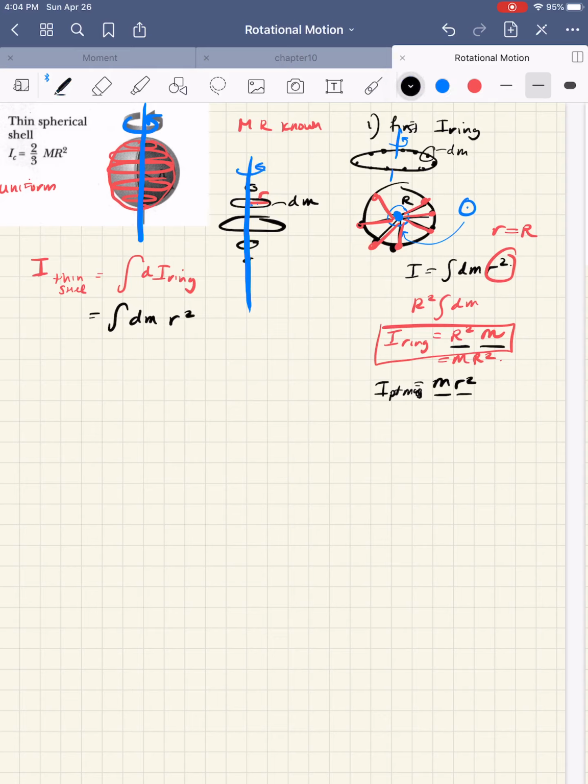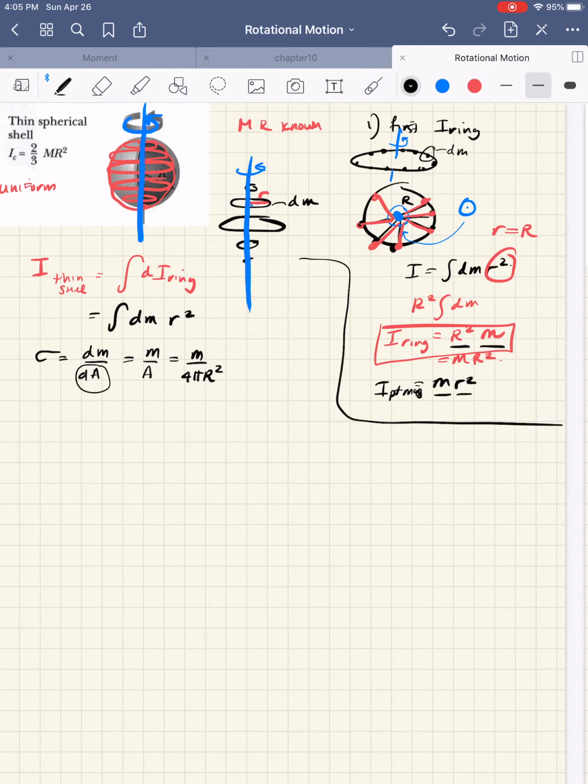And so what I want to find is dm. Dm comes from the density. Well, this is a thin spherical shell. So the shell is an area. This is a dm over d area equal to total mass over total area, which is total mass over what is the area of a thin spherical shell? Well, it's 4 pi capital R squared, right? The outer radius squared.